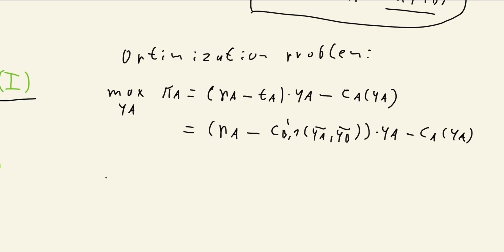And if we take a look at the optimization problem of firm B, it's still the same. Firm B is maximizing pi B, and pi B is equal to PB times YB minus CB of YA, YB.